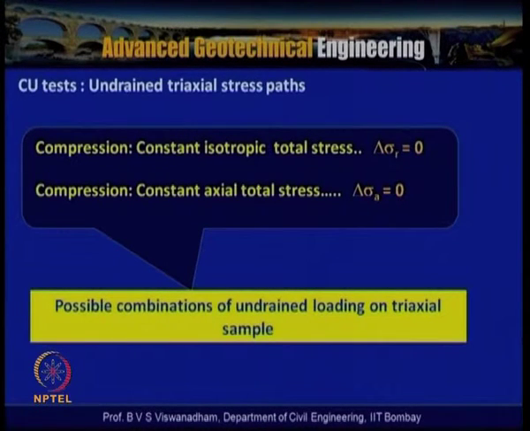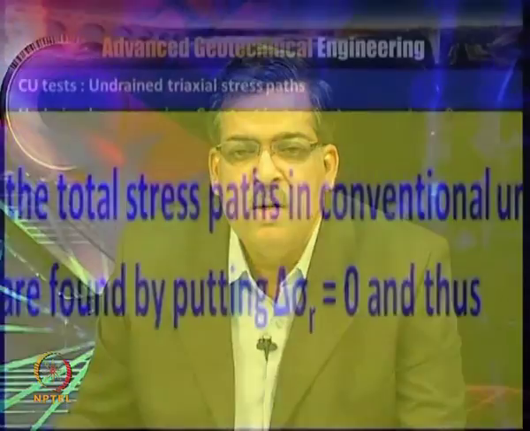So possible combinations of undrained loading on the triaxial test are shown here, where both are compression. In one case there is no change in the radial stress, delta sigma r dash is equal to 0, and in the other case there is no change in the axial stress. First, consider the case where delta sigma r dash is equal to 0.